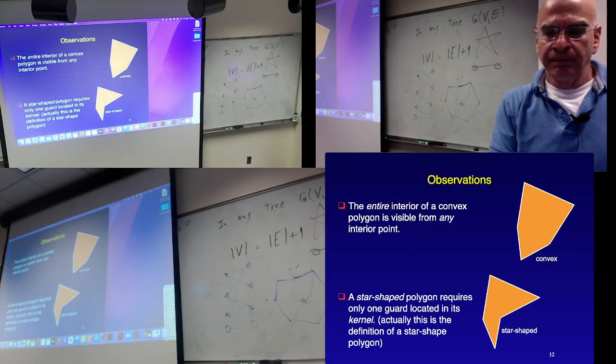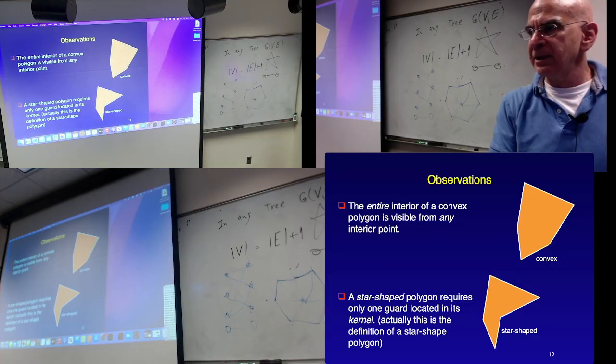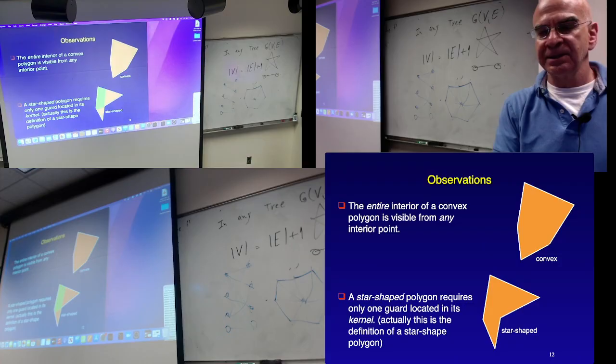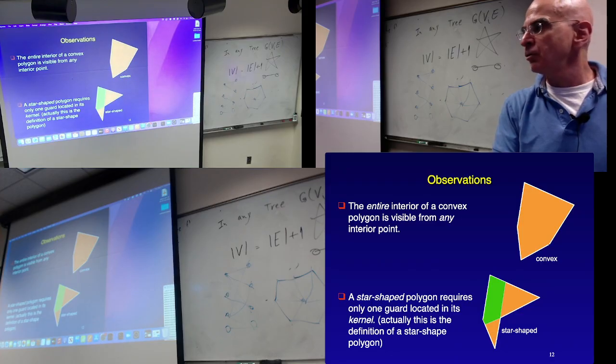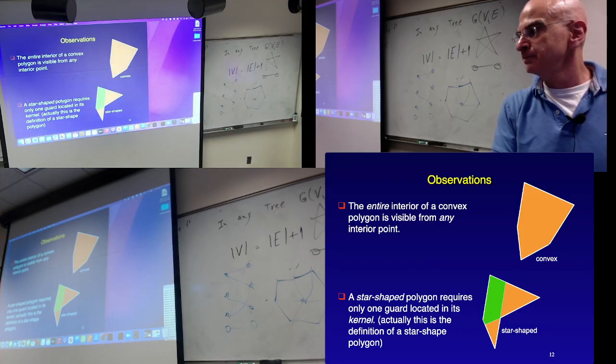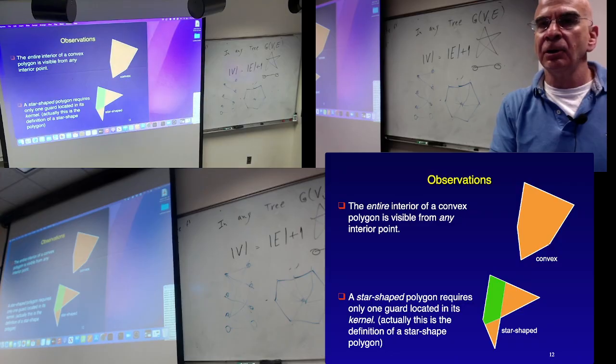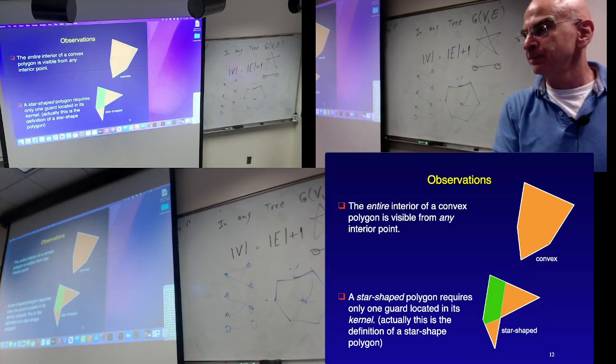One guard will do. A star-shaped polygon, by definition, is exactly a polygon where there is some point, maybe not every point, but some point that sees the whole polygon. There is actually an area called the core of the star-shaped polygon. And one of your questions in homework 3 would be: given a polygon, tell me in linear time whether it's star-shaped or not.